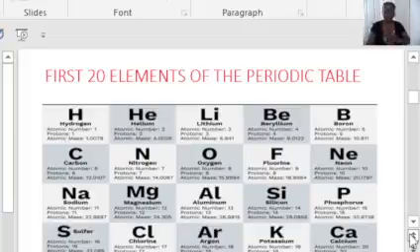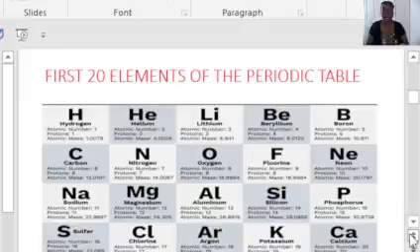They are hydrogen, helium, lithium, which is Li, beryllium, Be, boron, B, C for carbon, N for nitrogen, O oxygen, F fluorine, Ne neon, Na sodium, Mg magnesium, Al aluminum, Si silicon, P for phosphorus, sulfur S, Cl chlorine, Ar argon, K for potassium, and Ca for calcium. So the first 20 elements.